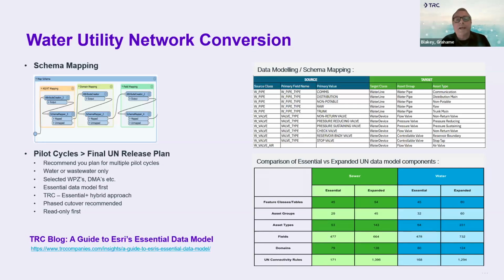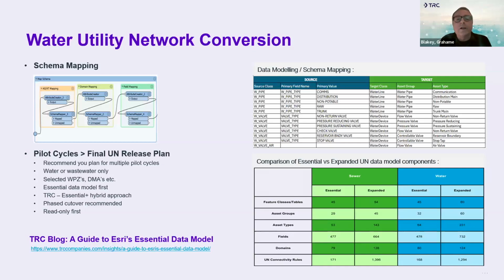Typically, companies may elect to convert their water network first, potentially followed by wastewater. Some may even choose not to convert their wastewater. Some companies may even not be responsible for the wastewater in their area. So very much varies organisation by organisation. You may have specific water pressure zones, district meter areas, catchments, etc., that lend themselves to a pilot migration.